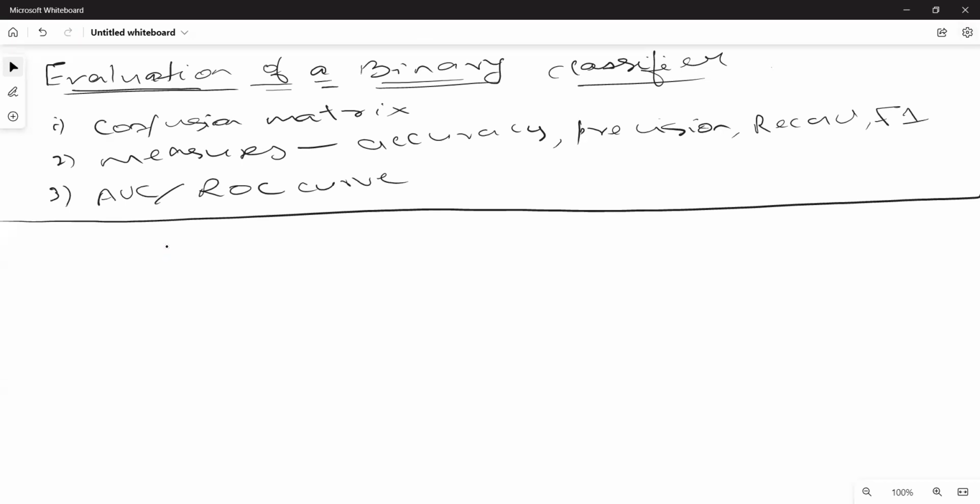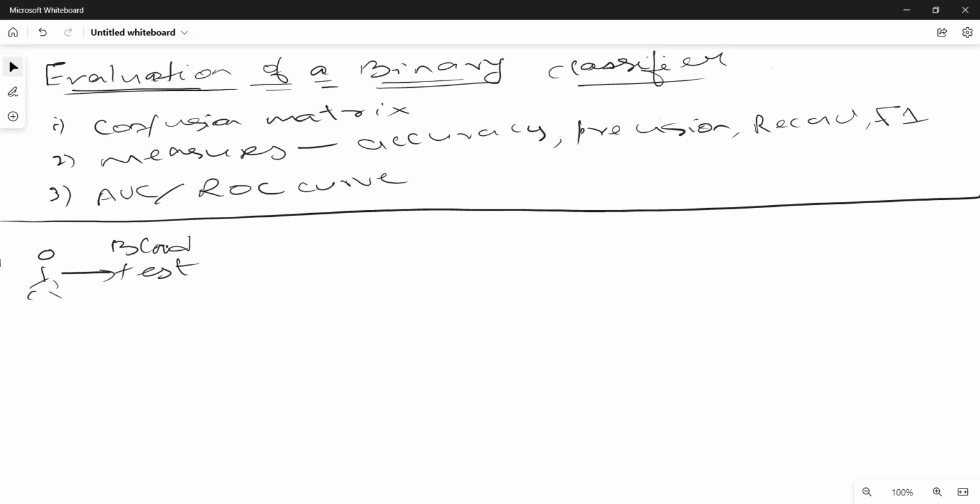So what is the confusion matrix going to give us? Now let us consider that we have, let's say, a person. This person is going to test for, let us say, diabetes. He gives blood, he does a blood test.